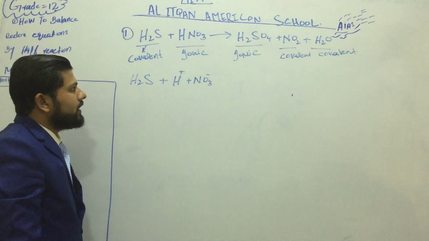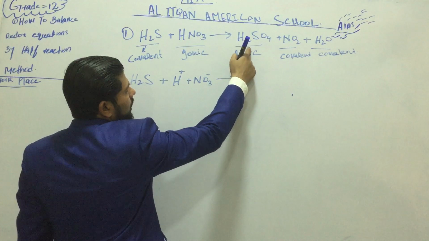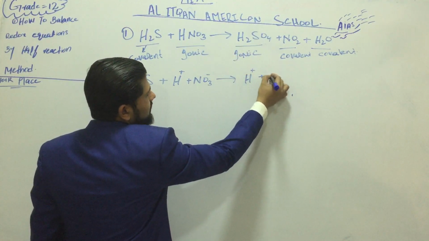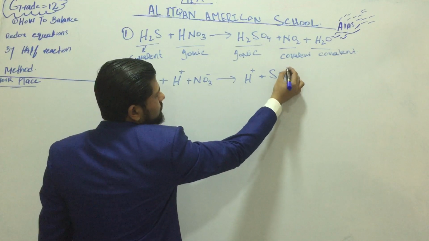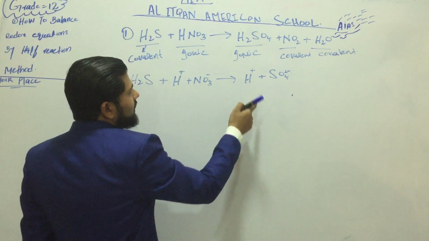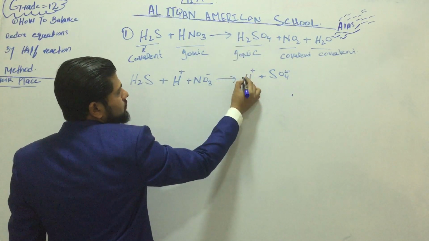Next, the ionic compound H2SO4 gives hydrogen H+ and sulfate ion SO4 2-. As you can see, we had 2 hydrogens, so you have to add 2 hydrogen.